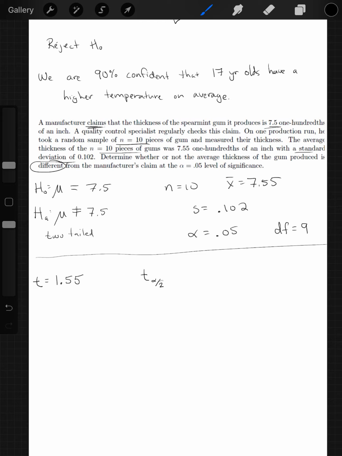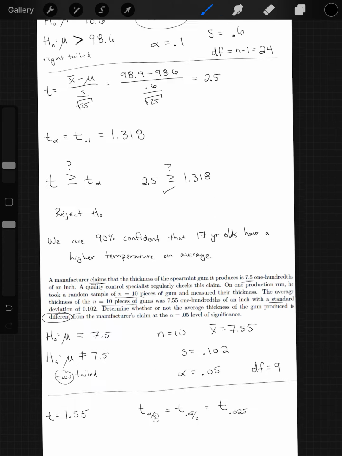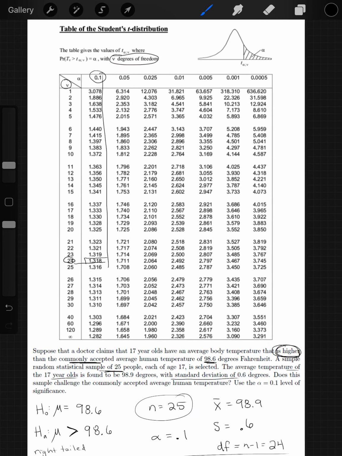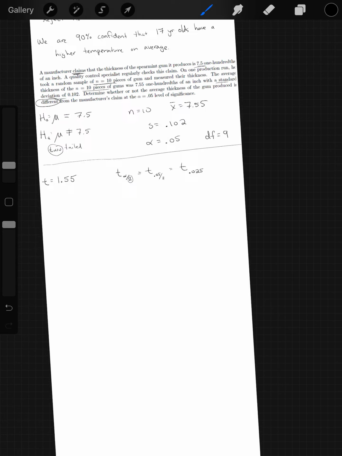And you can remember that 2 only shows up when we're two-tailed, right? So that's how those are connected. So this is T sub 0.05 over 2, T sub 0.025. So we need to look for 0.025 on the top row and 9 on the left. So at 9 and 0.025, we go down and over, and we get 2.262.